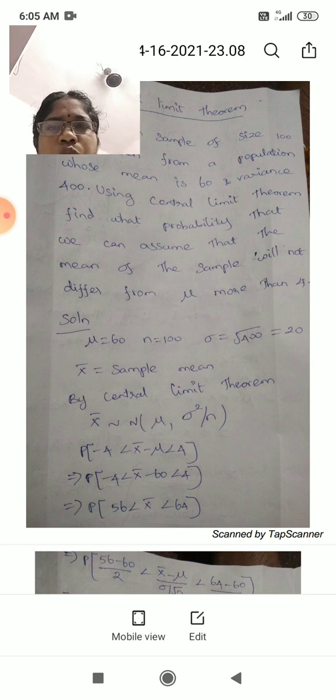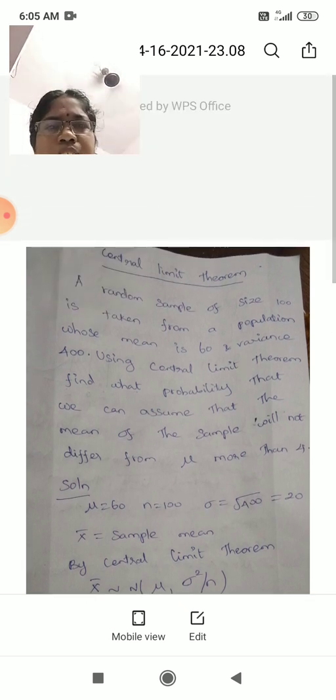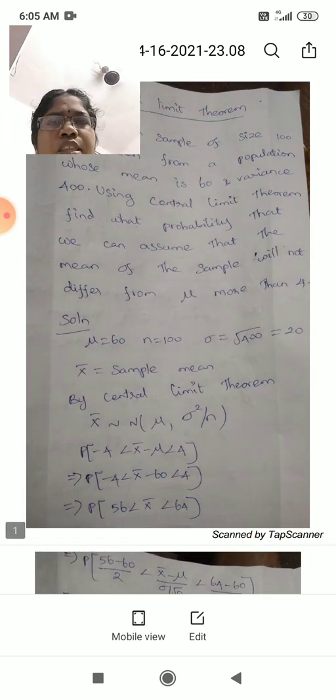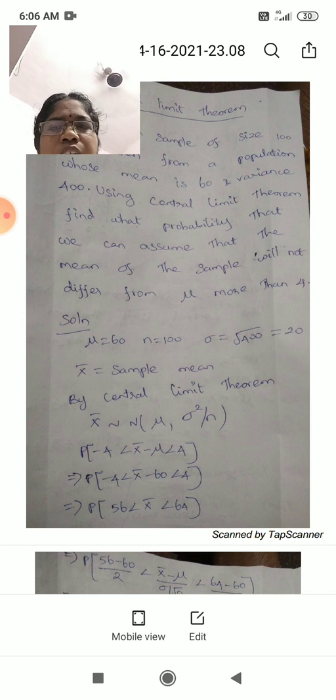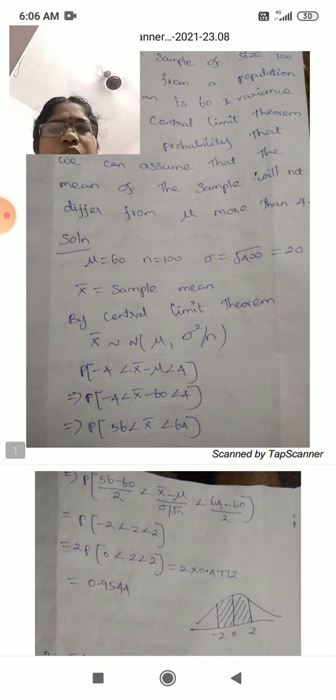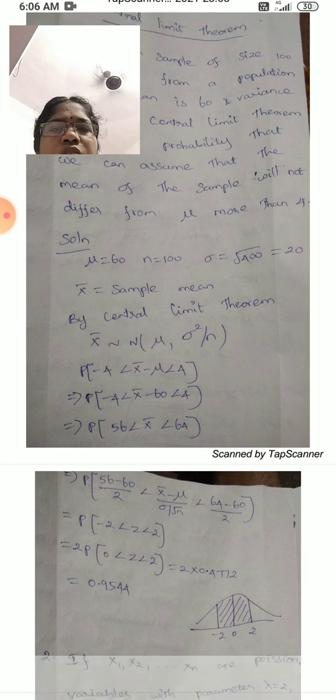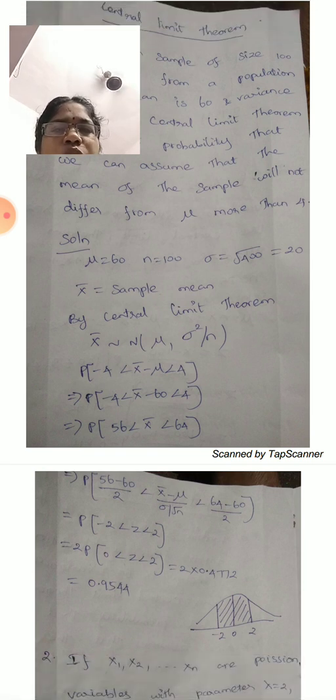The sample size is 100, therefore n equals 100, and x bar is the sample mean. Already we know the central limit theorem: x bar is distributed as N of mu comma sigma squared by n.